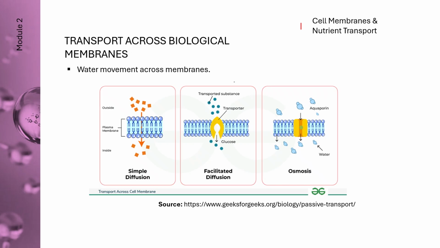So we have GLUT2, we have GLUT5, and so on and so forth. Depending on the tissue, GLUT5 is more in the kidney, and GLUT2 is found more in the small intestine.